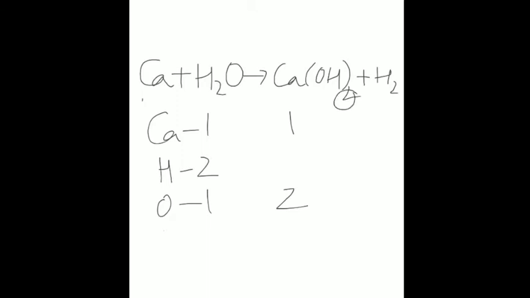This is whole twice, that means 2 of this and 2 of this, 2 plus 2 means they are 4. Is it clear? So this is 4. Now you have to balance the number of hydrogen atoms. What do we do? We put a 2 again in front of water.